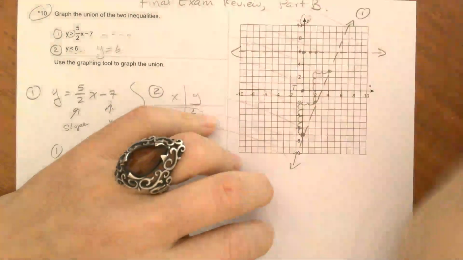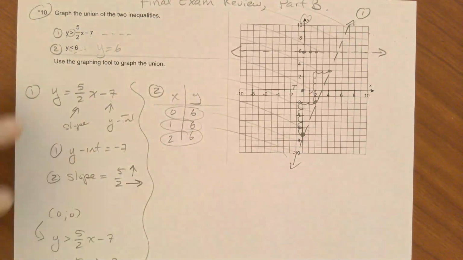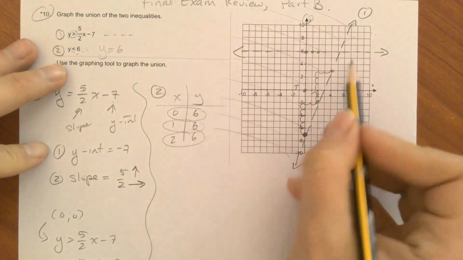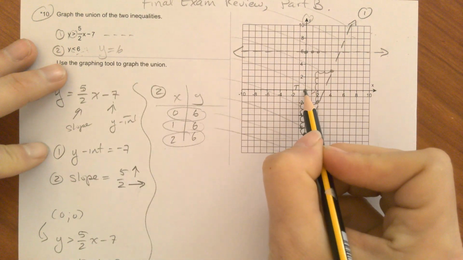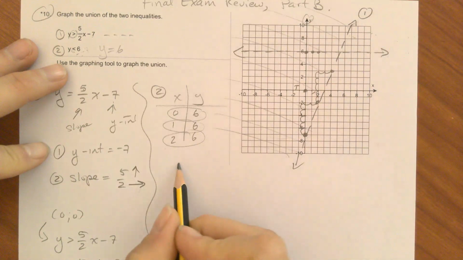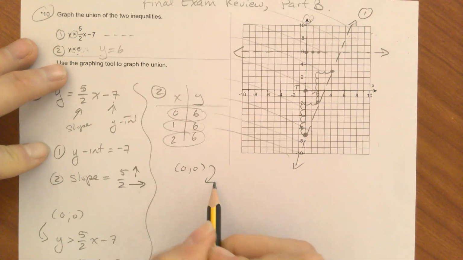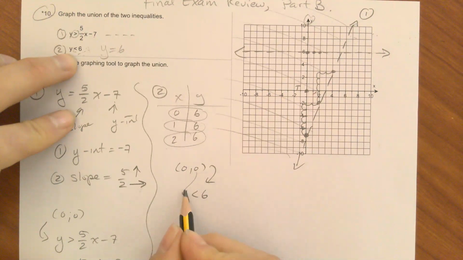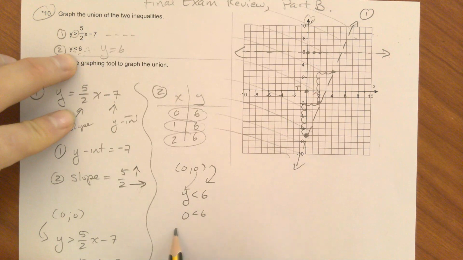There. Now I have to say what side of the line do I shade? Let's take the easiest point, 0, 0, and see if we color down or up. I'm going to substitute 0, 0 into our inequality. The 0 goes in for y, and now I read it.